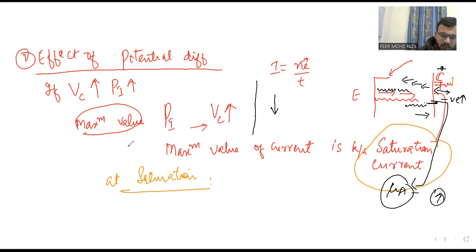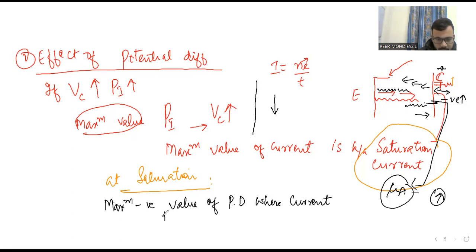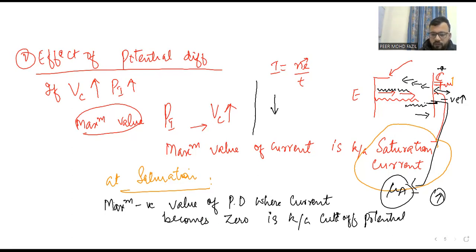So that maximum negative value of voltage, or potential difference, where the photoelectric current becomes zero is known as cutoff potential, or stopping voltage.